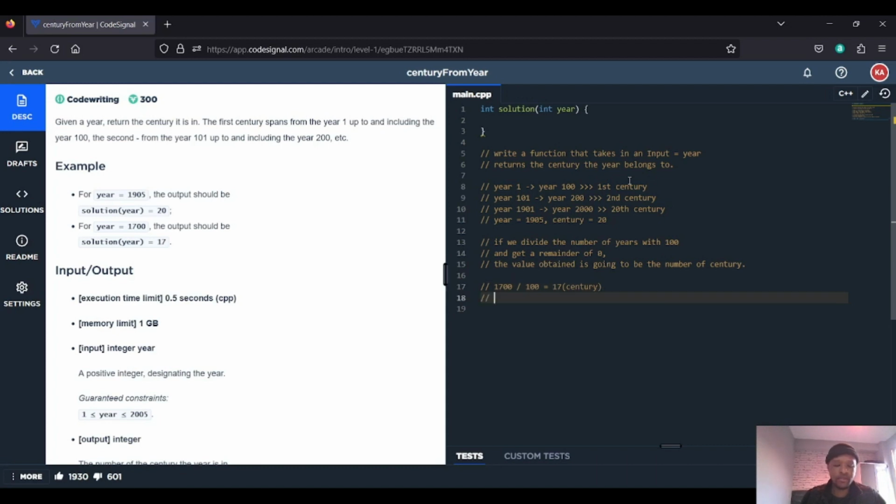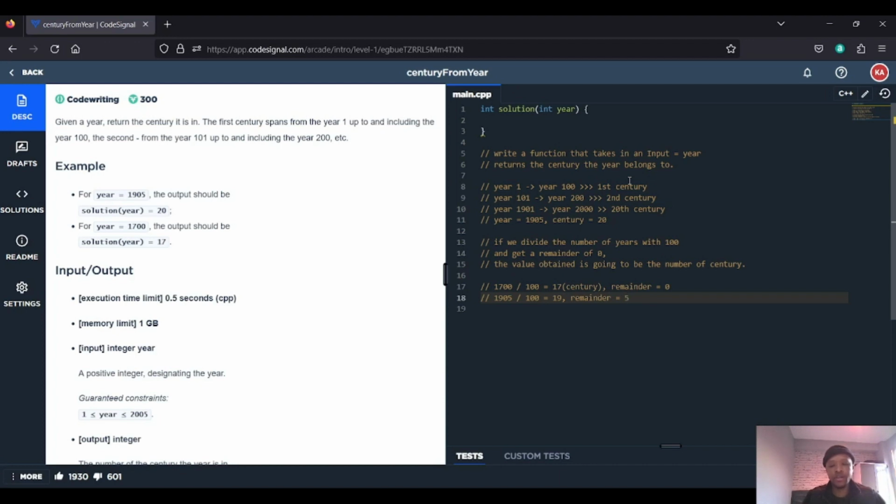But if you take 1905 and divide by 100, okay, we get a remainder. In this case, over here on top, the remainder was 0. But for our case here, we get 19, okay, but the remainder is 5.